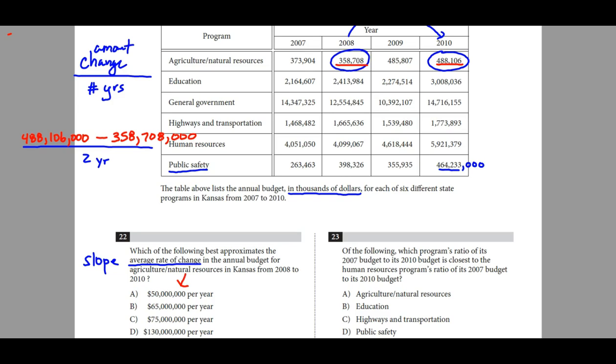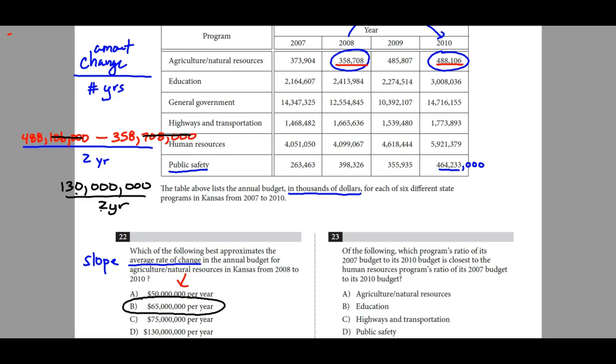So I think we could probably ignore all of this part right here and just use 488 million and 358 million, which looks like it comes out to be $130 million over 2 years. And when you divide 130 by 2, that would be approximately $65 million per year. So the correct answer there would be B.